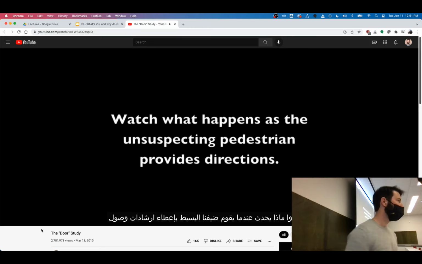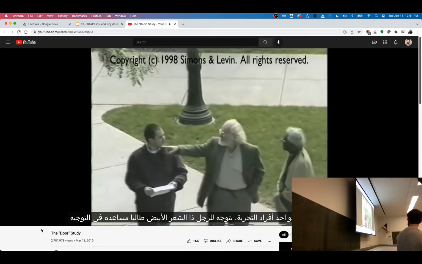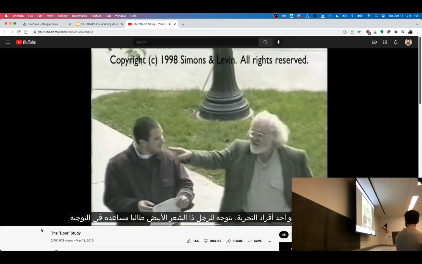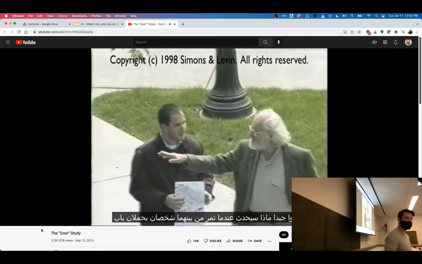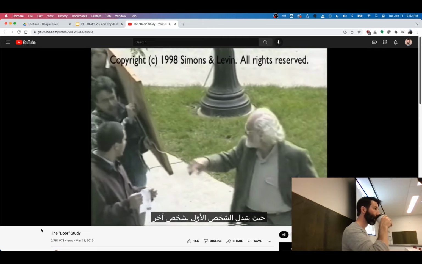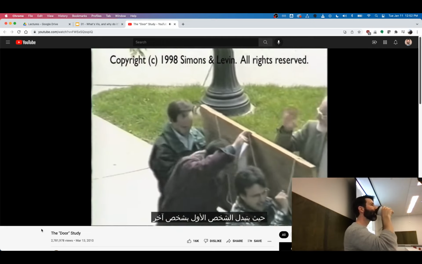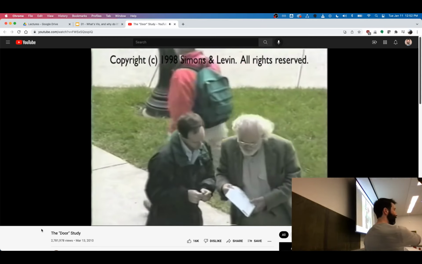Watch what happens as the unsuspecting pedestrian provides directions. The young man on the left is one of the experimenters. He has approached the white-haired man and asked for directions. Watch closely as 2 people carrying a door pass between them, and the first experimenter is replaced by someone else. So, y'all see that?